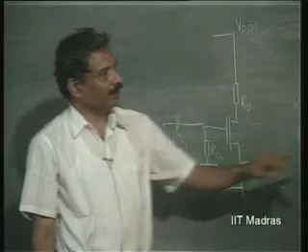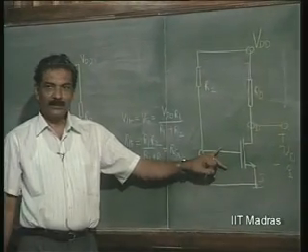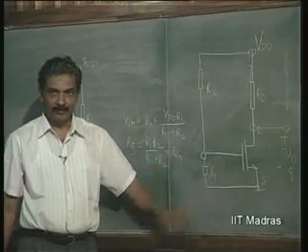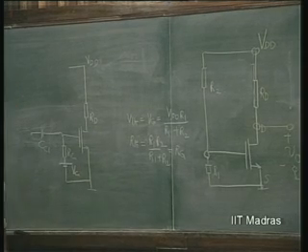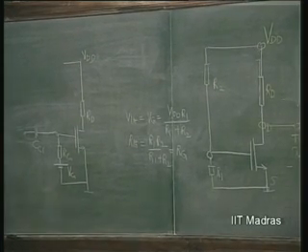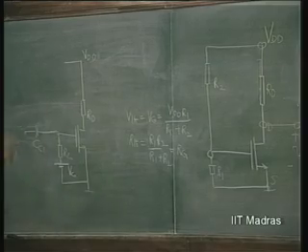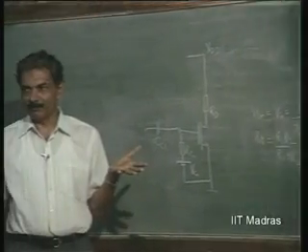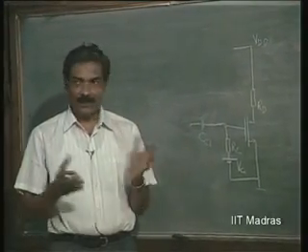in obtaining the voltage VGSQ that you would like to have. In the earlier situation we said we wanted an operating point. Now, this is an operating point which is fixed without any problem. But are you happy with it?